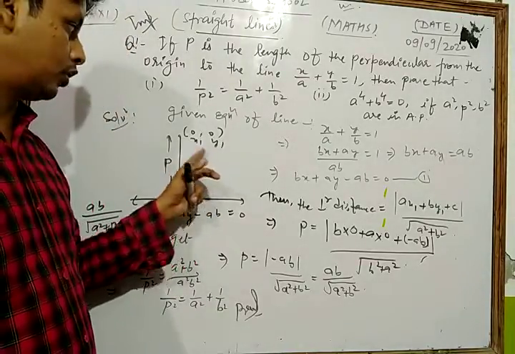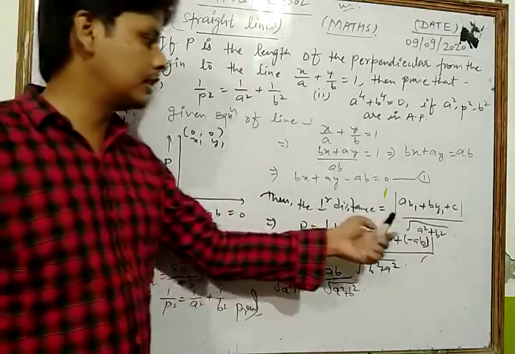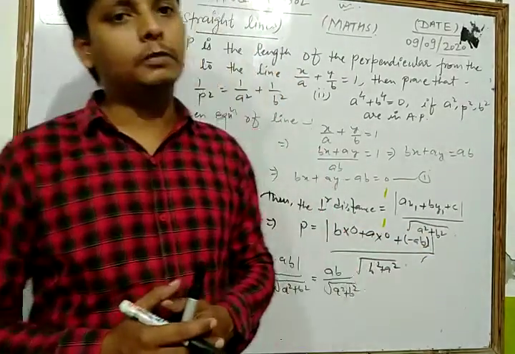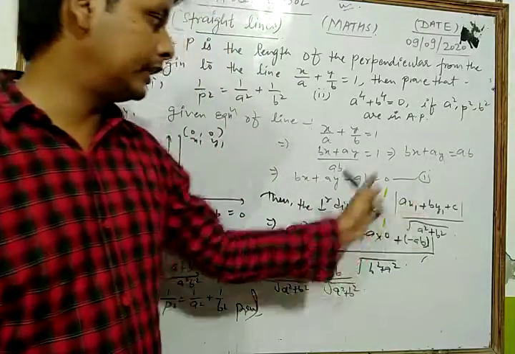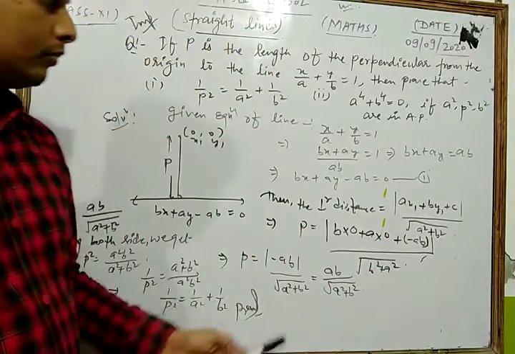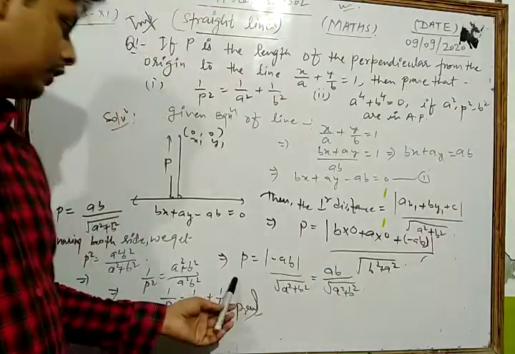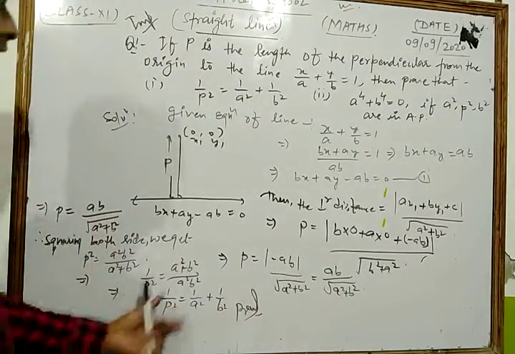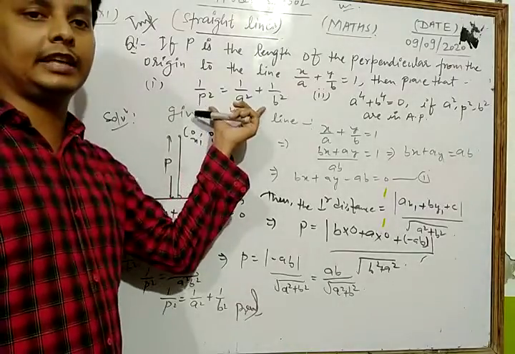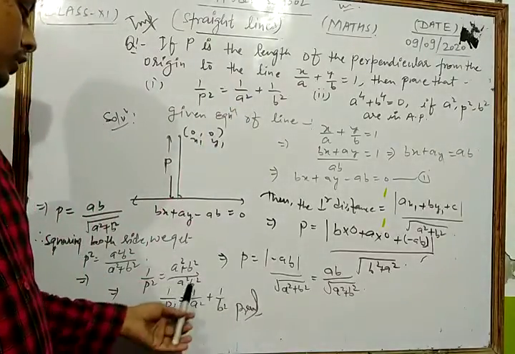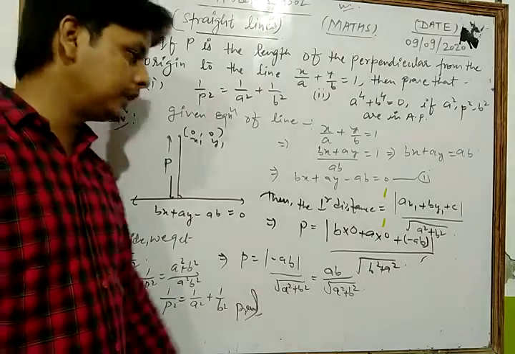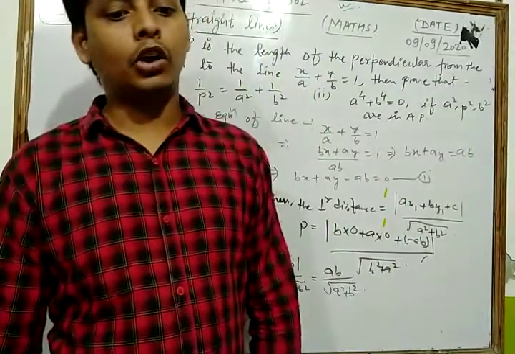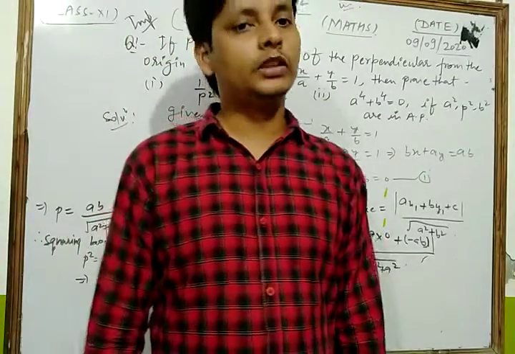Now we apply the formula mod of ax1 plus by1 plus c upon under root a square plus b square. We put all the values in that formula and simplify them. After squaring both sides, we get our first result as 1 upon p square is equal to 1 upon a square plus 1 upon b square. Dear students, similarly we take and solve the second part of this question. Let's see.